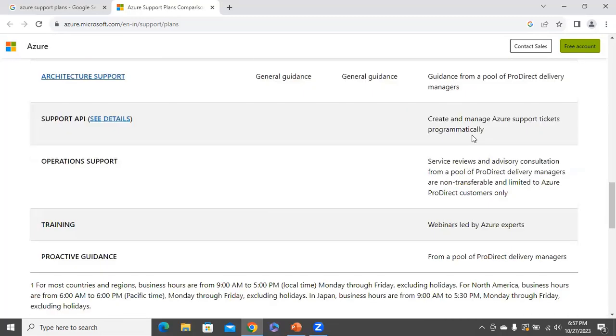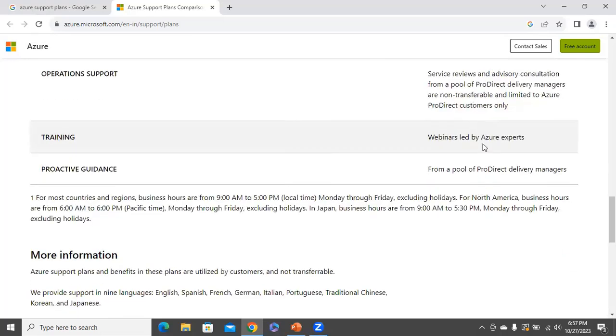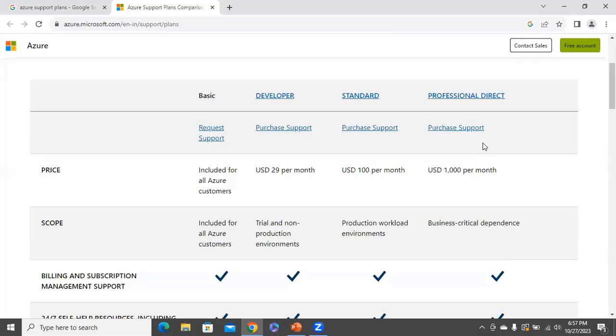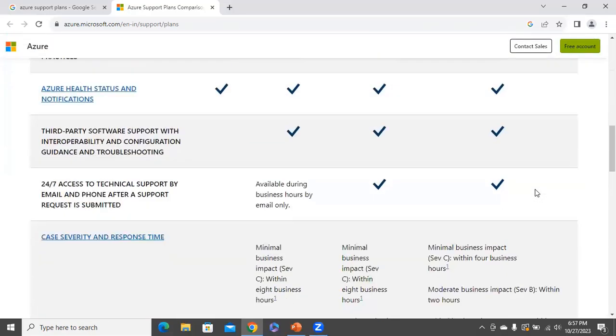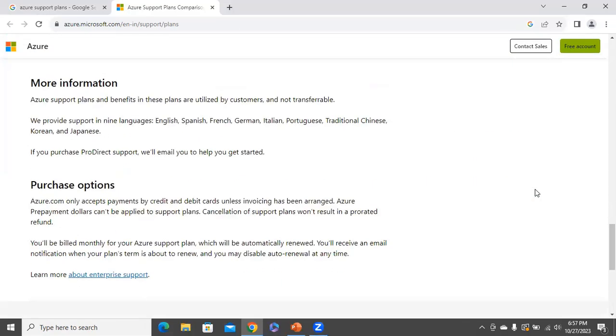They will try it. And they provide a lot of other benefits with professional direct, and Microsoft will try to assign one technical person to us as an account manager or a solution architect who can help us with these things.